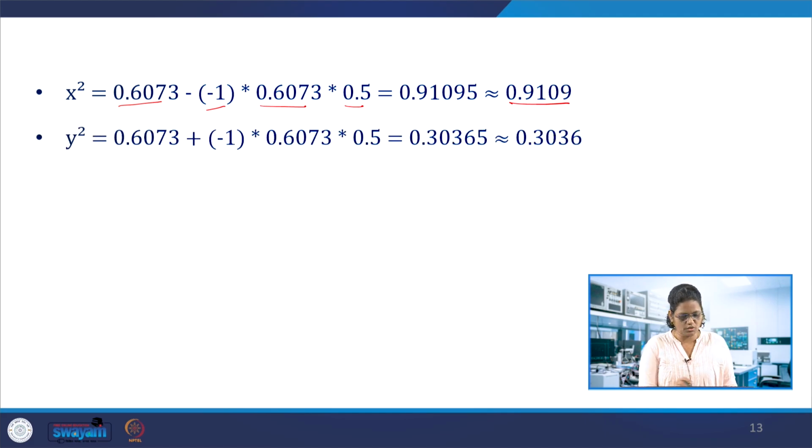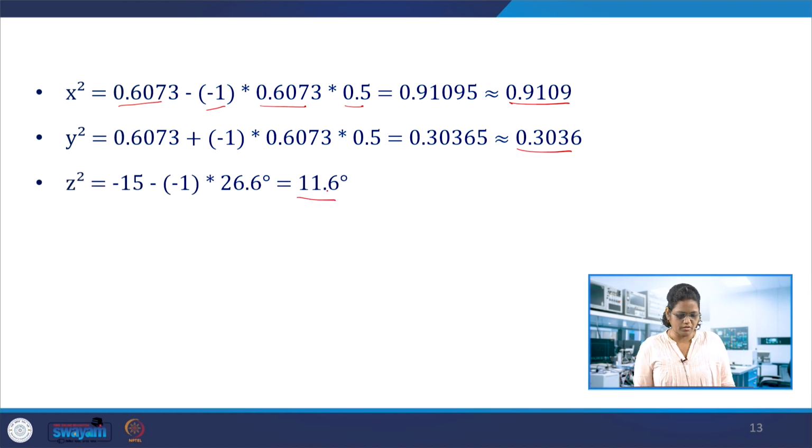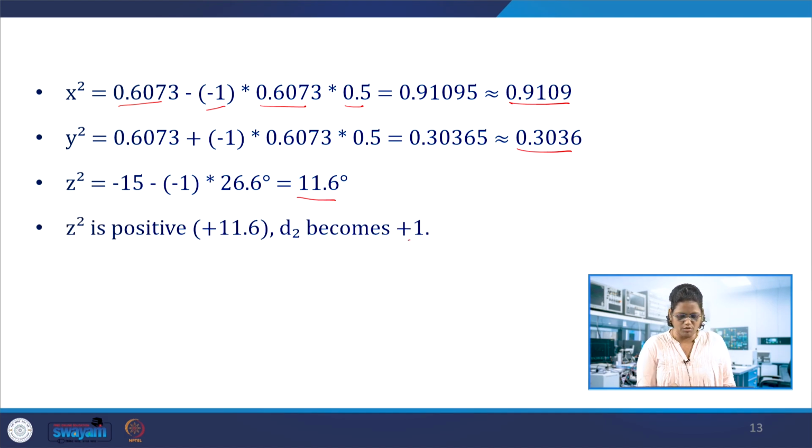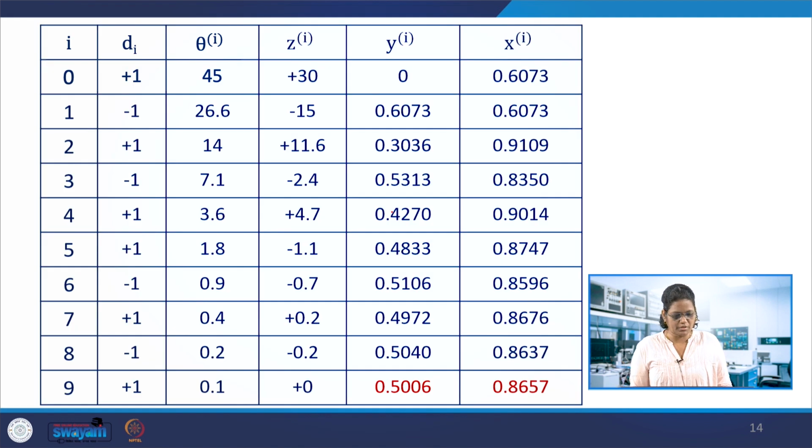Similarly y2 can be obtained from the second iteration, and z2 leads to 11.6. This is giving a positive value, so d2 will be plus 1.